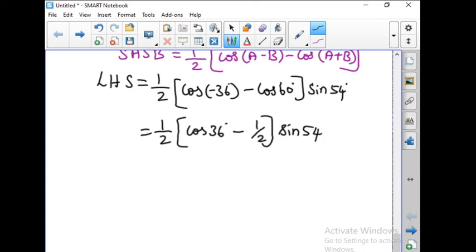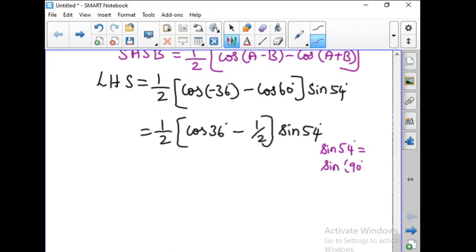Okay, now this is equal to 1 by 2 sin 54. How can we write sin 54? Sin 54 degree can be written as sin of 90 minus 36.